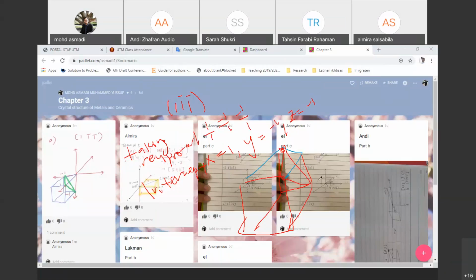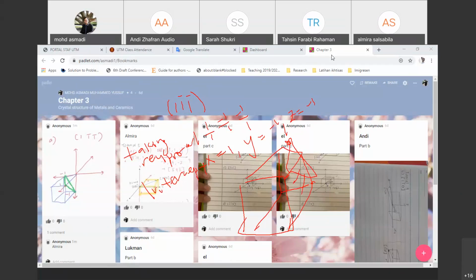Then you share it. Sorry, it's quite difficult to draw with WebEx. It's not user friendly. So it's moving this triangle. But Almira already showed her answer.